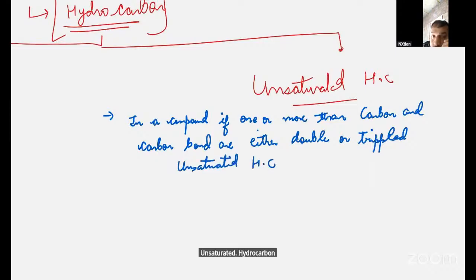Are you getting my point? If only one is there, either double or triple. Double means carbon and carbon should have a double line, or carbon and carbon should have a triple line.